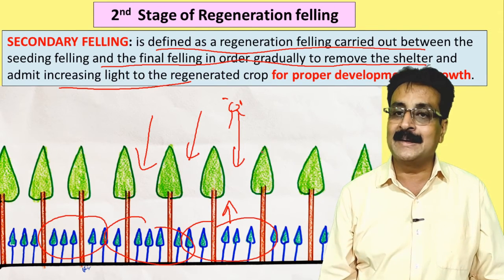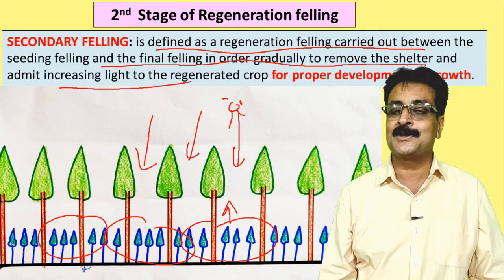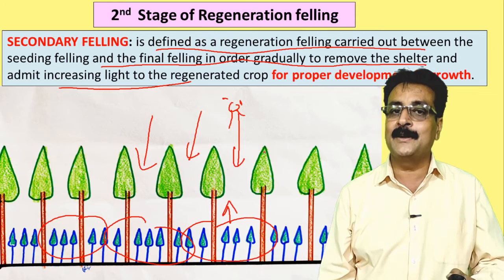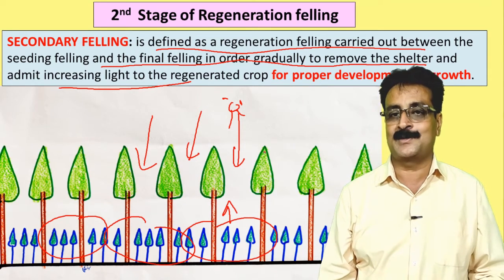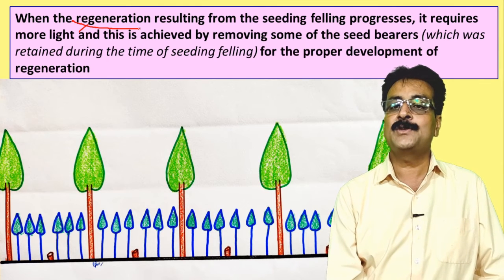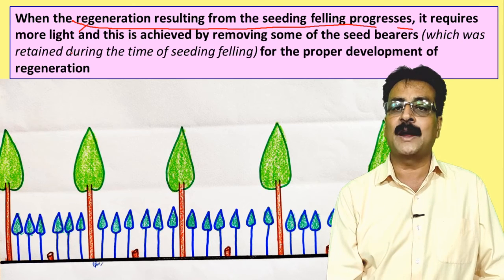We are not removing like in the clear felling system. That is the nature of the regeneration species. They require the light very slowly as the regeneration progresses. So in secondary felling, when the regeneration resulting from the seeding felling progresses, it requires more light. Now it requires more light. Seedling has to change to sapling. It has to grow.